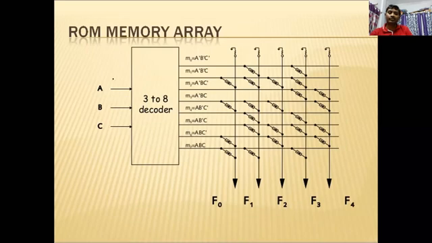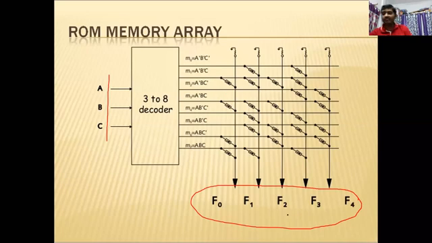The 3 inputs are A, B, C, and its outputs are M0 to M7. The outputs of the ROM are F0, F1, F2, F3, F4. Here this is 2 power n and this is m, right?